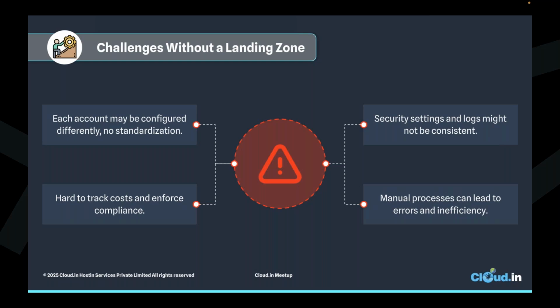This slows down cloud operations or cloud adoption and creates operational inefficiencies, and it also increases the chances of misconfiguration that can cause security or performance issues. So these are the main challenges an organization would face if they are not using a landing zone.